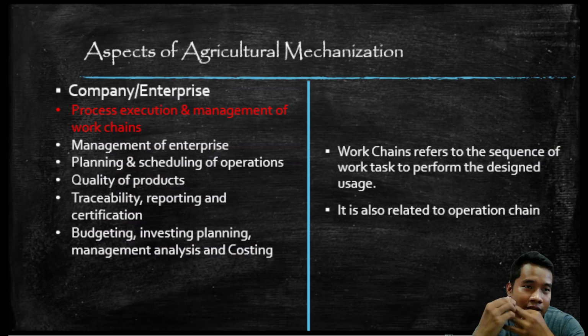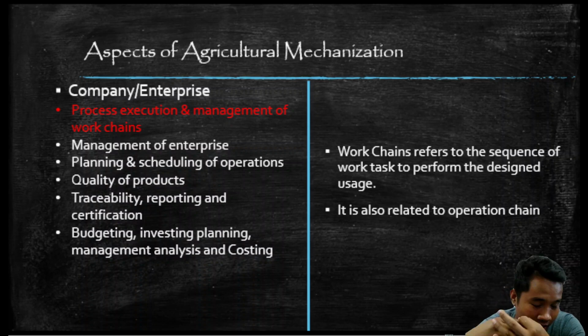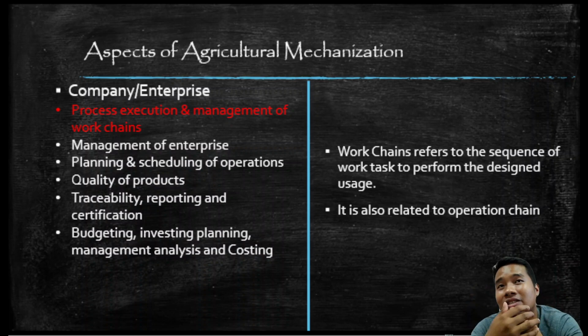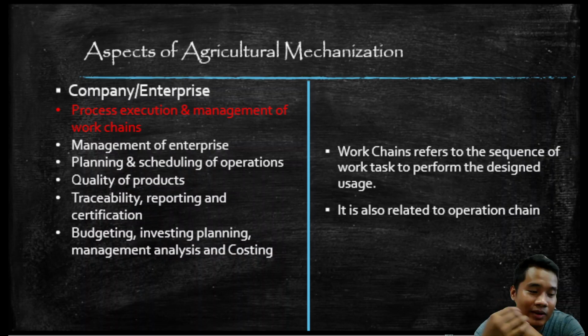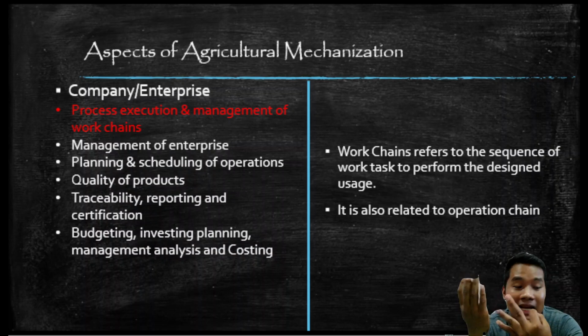There are a lot of byproducts dyan. Yung mga walang bagas. Walang, Ilocano yung bagas. Yung walang laman ng mga rice grains. So, isa-separate niya yan. So, those are the different tasks of a harvester, for example.